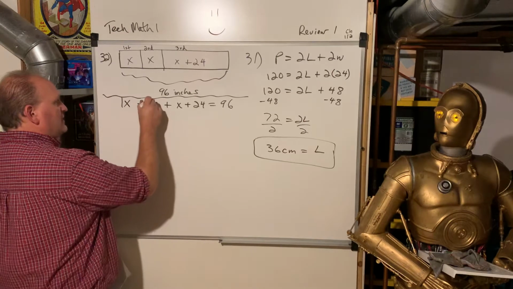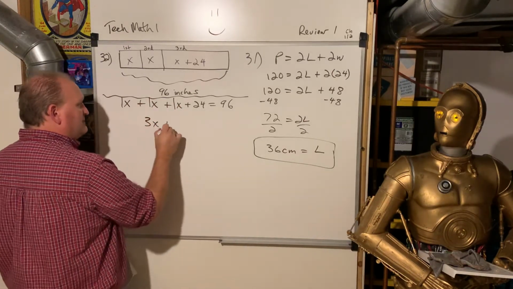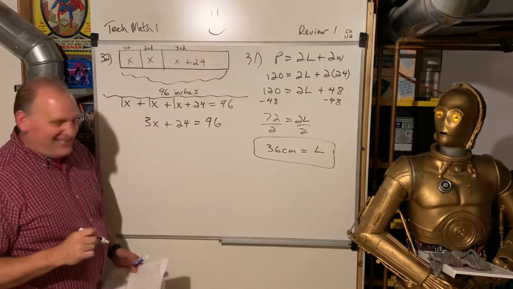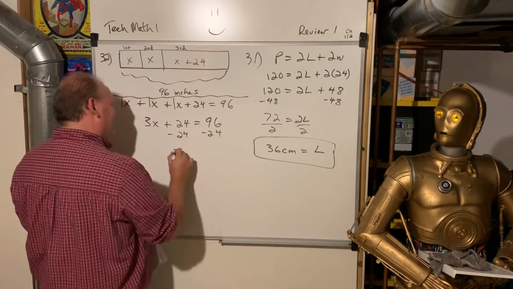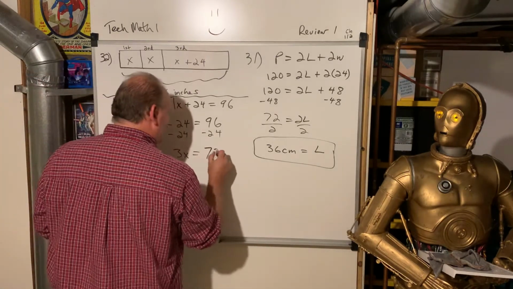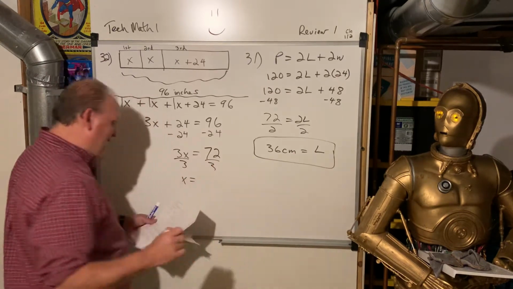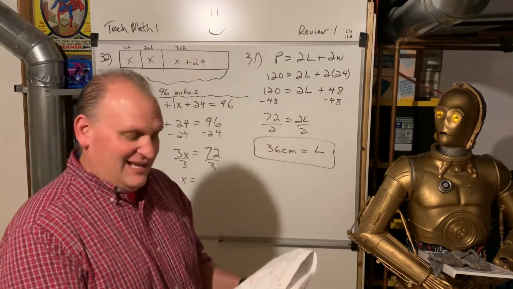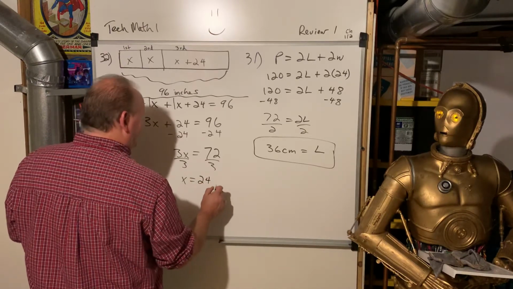We got 1x plus 1x plus 1x. Remember, there's a 1 there when there's nothing there. So that's 3x plus 24 is equal to 96. Then we subtract 24 from both sides. 3x is equal to 72. Then I divide both sides by 3. Now x, we found the first two lengths, is 24 inches.